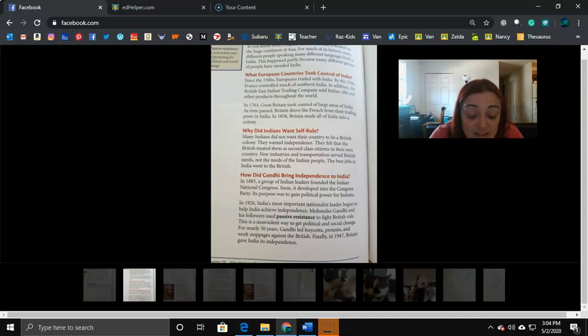Mahatma Gandhi and his followers used passive resistance to fight British rule. This is a nonviolent way to get political and social change. For nearly 30 years, Gandhi led protests, boycotts, and work stoppages against the British. Finally, in 1947, Britain gave India its independence.